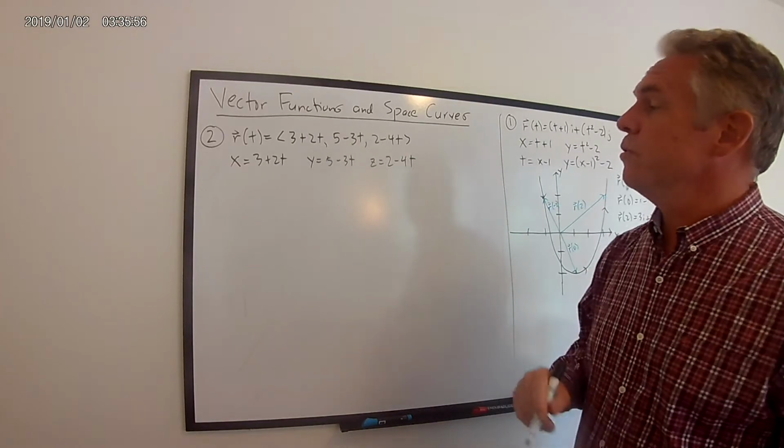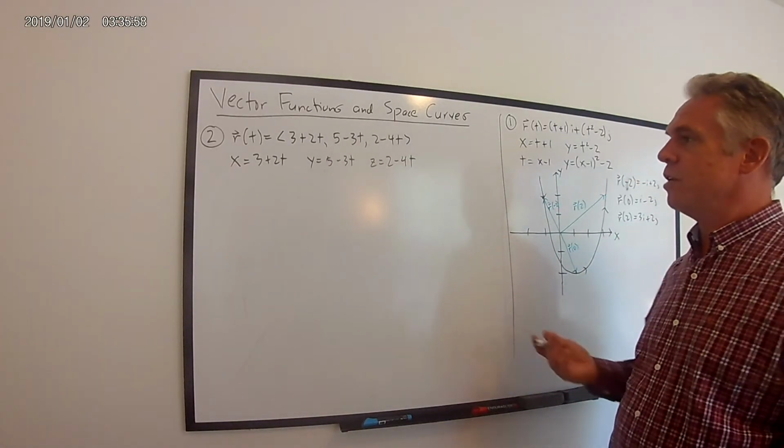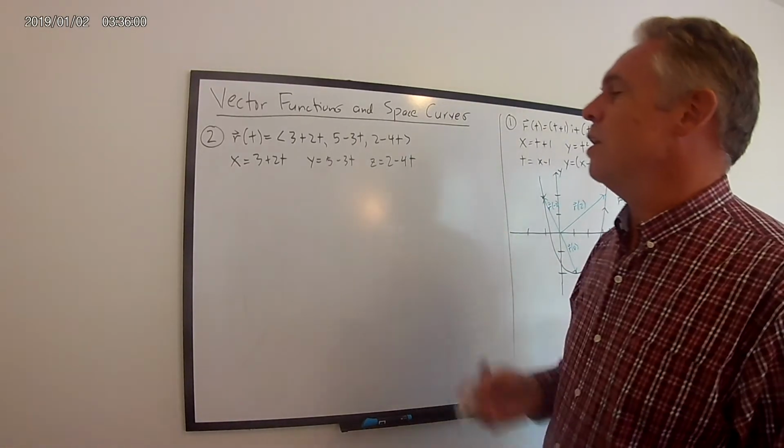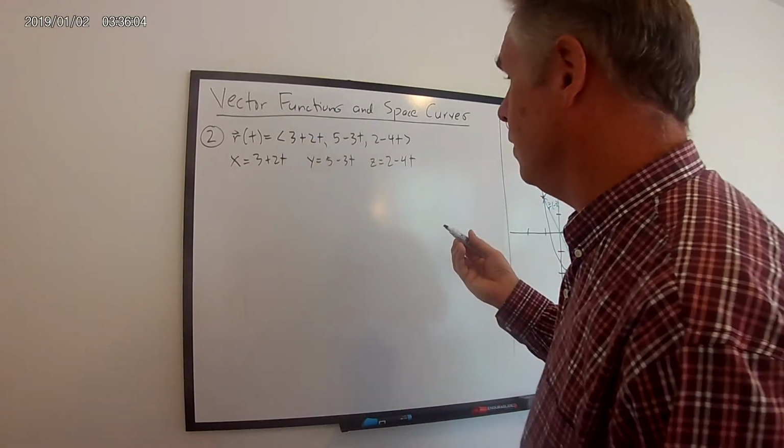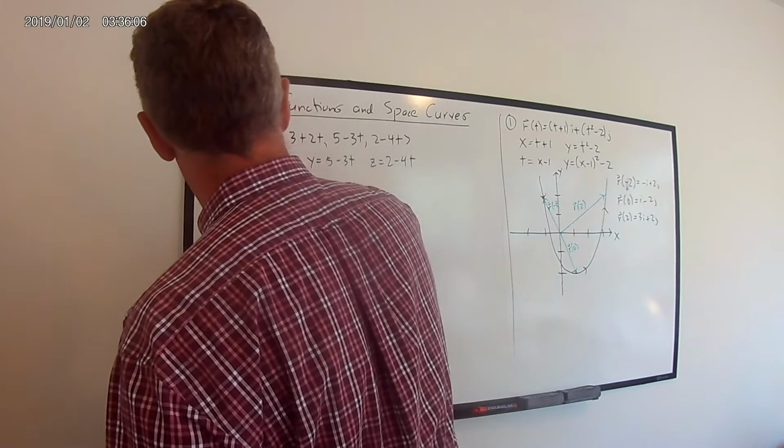Now looking at this, this looks very familiar to you guys, given we just did chapter 12. These are just the equations of a line, the parametric equations of a line.